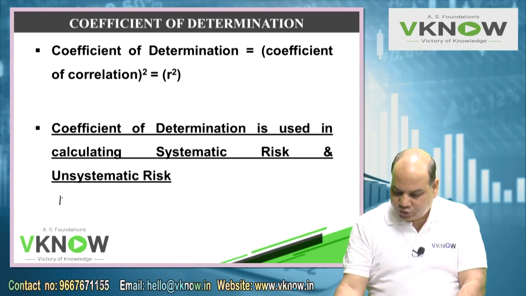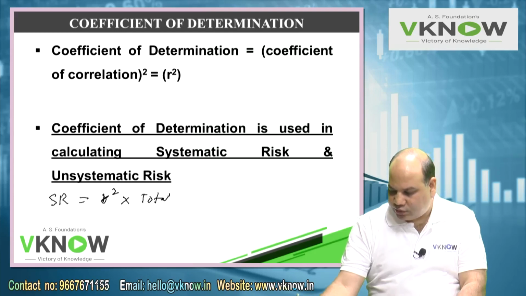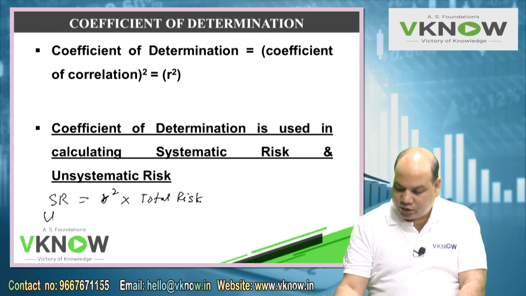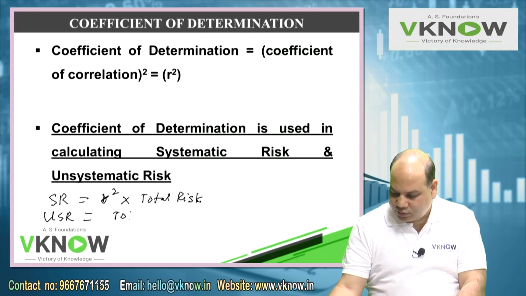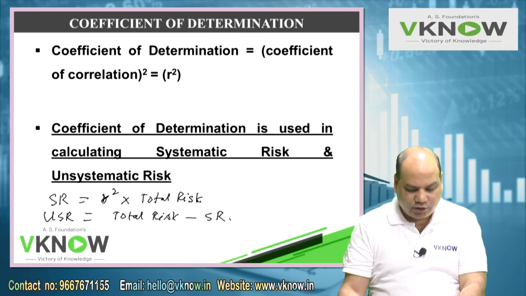So systematic risk will be equal to r square into total risk, and unsystematic risk will be total risk minus systematic risk.